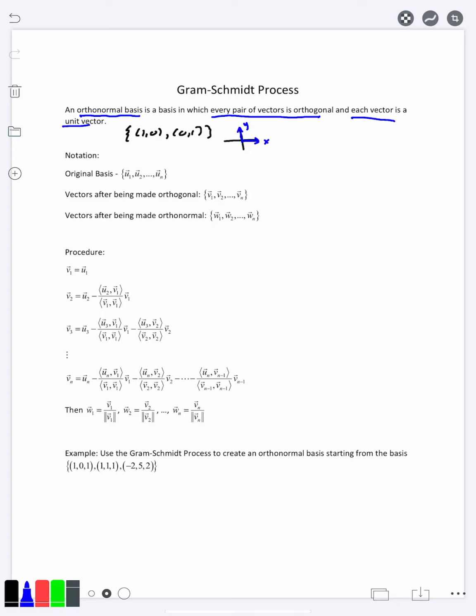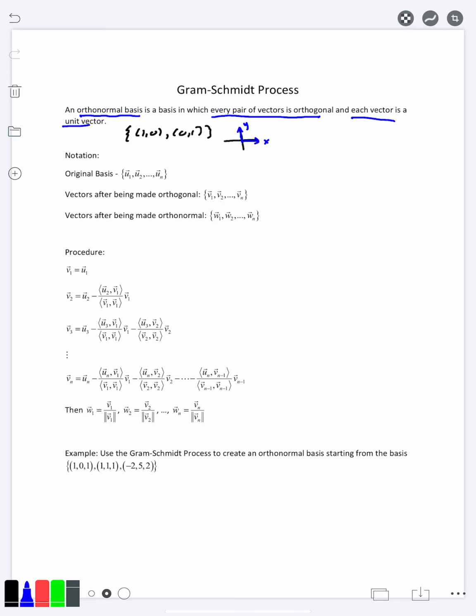And you've seen in other math classes that using the x-axis and y-axis was pretty useful in a lot of different problems. And in fact, when you use specifically (1, 0) and (0, 1), it simplifies a lot of application problems. So the idea of a basis being an orthonormal basis is actually a pretty useful thing to have.